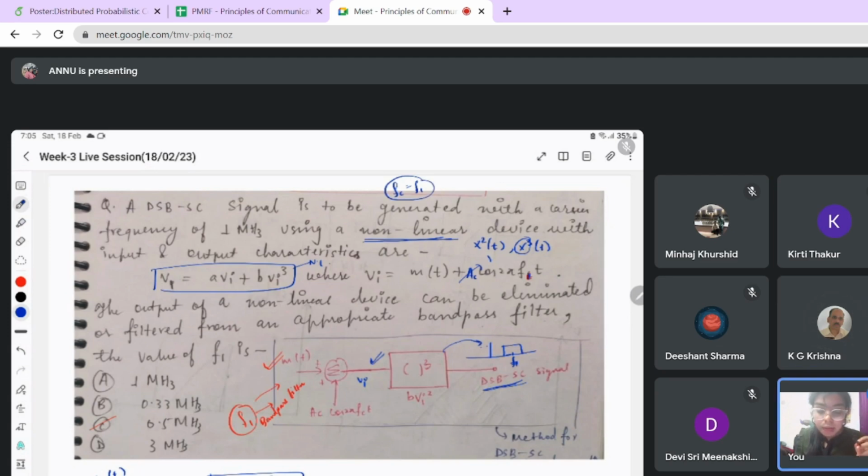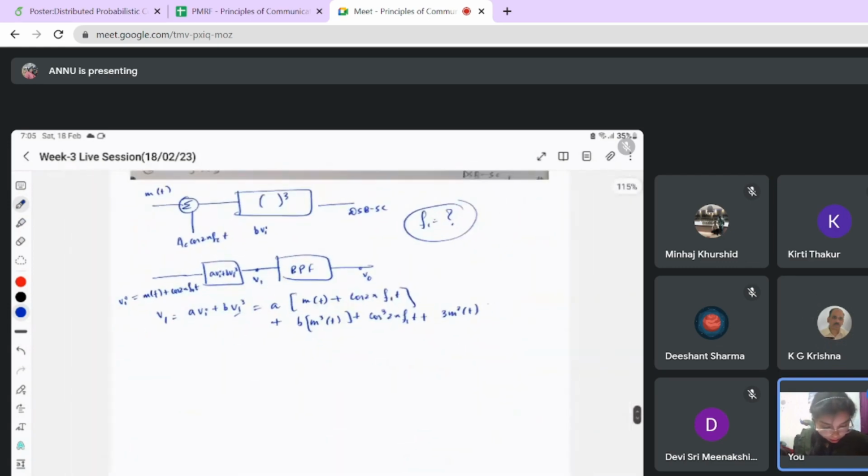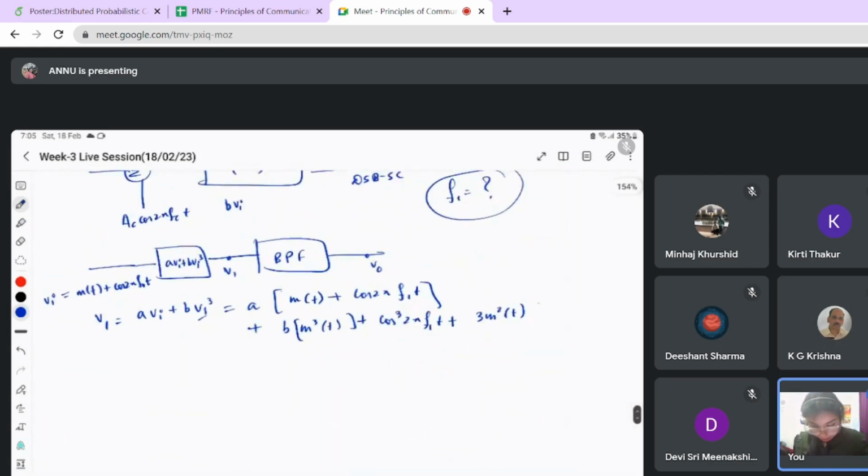So you asked me now the difference between FC and F1. It depends upon the question. So FC and F1 are the same. So I'm trying to solve it: cos 2 pi F1T plus 3m(t) cos squared 2 pi F1T.